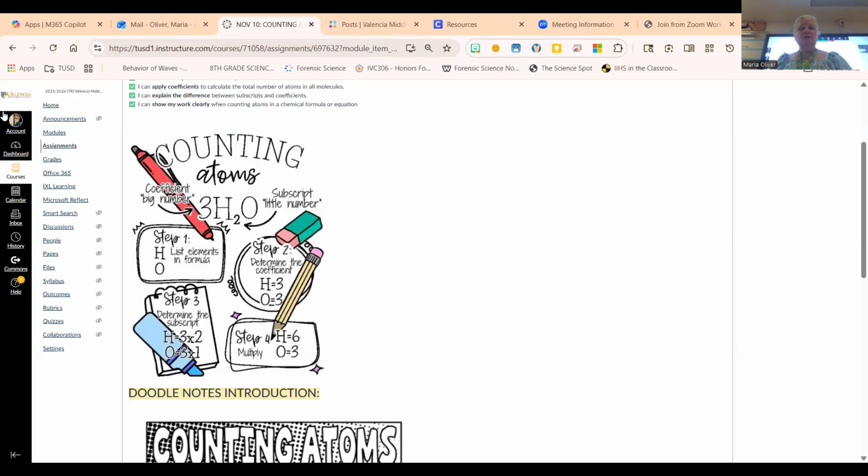That multiplying includes looking at new terminology like coefficient, subscripts. Parentheses shouldn't be a new concept, or brackets. We're going to be using multiplication techniques. So if you need to use a calculator, then you need to have a calculator handy.